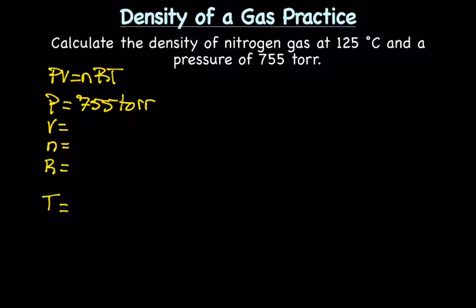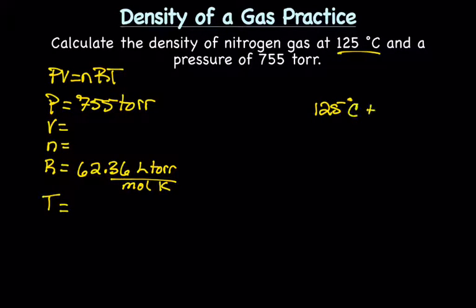We know our R is going to be 62.36 liters torr per mole K, and our temperature is given at 125 C, but we have to use K, so we have 125 degrees Celsius plus 273.15, giving us 398.15 K. And because we're adding, we need to look at places after the decimal.